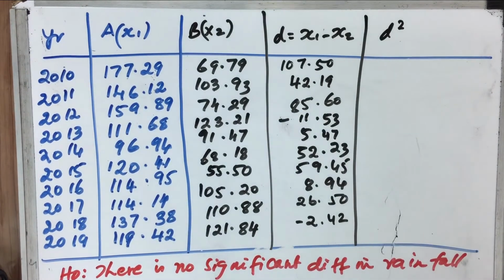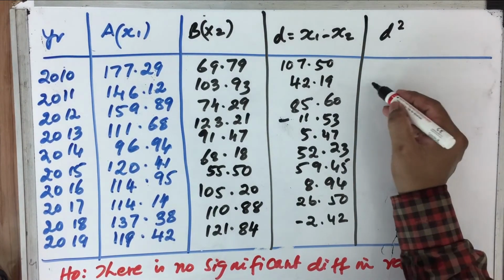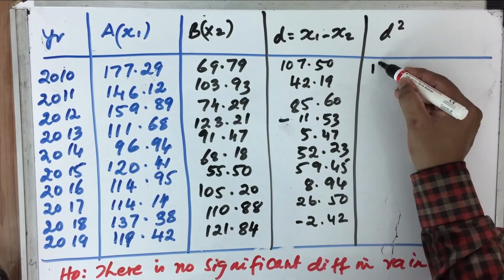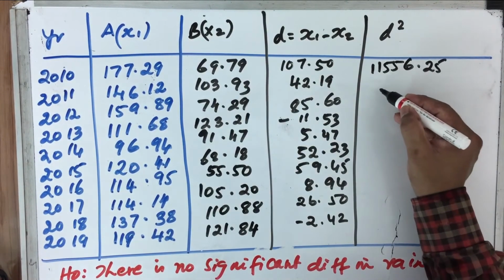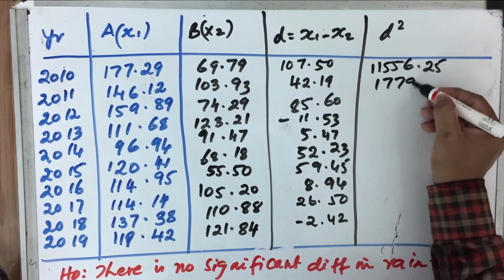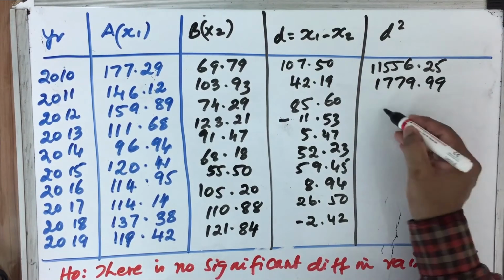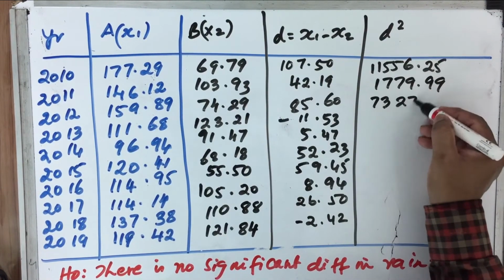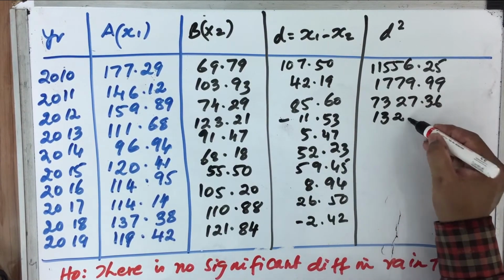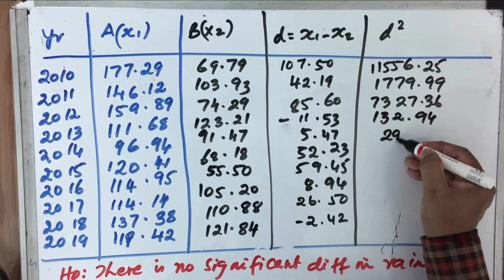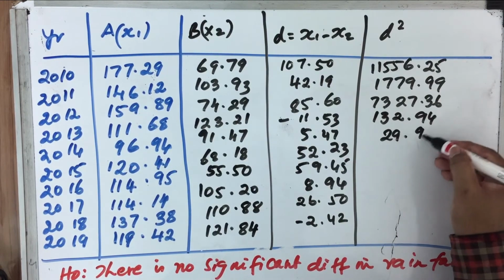So square of this. So the D square is equal to, it's going to be big numbers, 11556.25. This is 1779.99, 7327.36. So this is 132.94, 29.92.